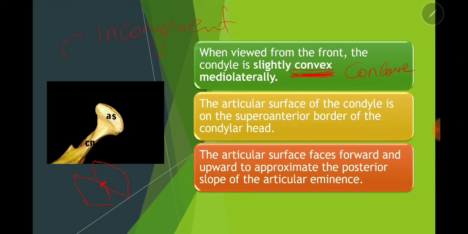So there's no congruency. They are not equal in shape and they don't fit properly. That's why it's not a ball and socket. Without the disc, the condyle itself does not fit in the glenoid fossa. Make sure you remember that.